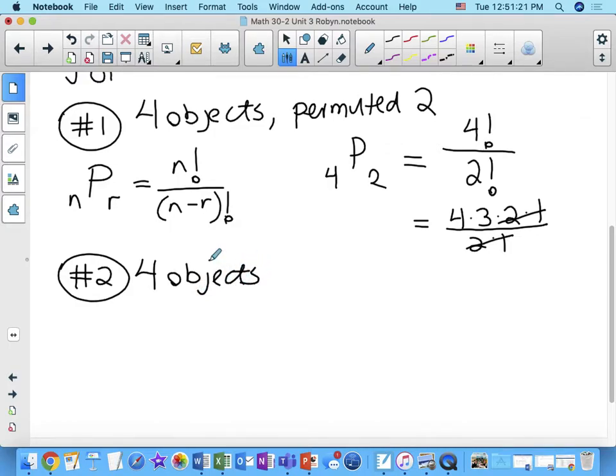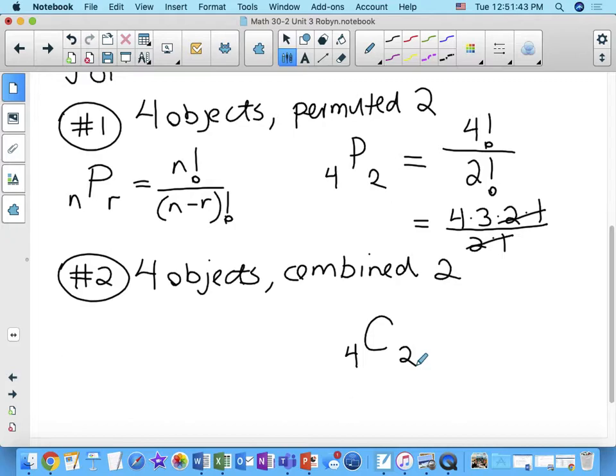And we grouped, or combined, two. Now, we could write this as 4C2.